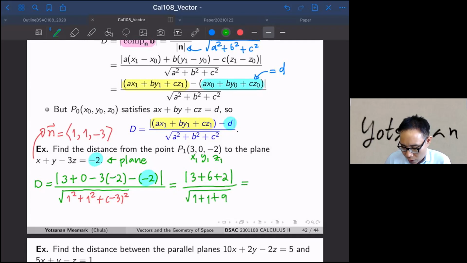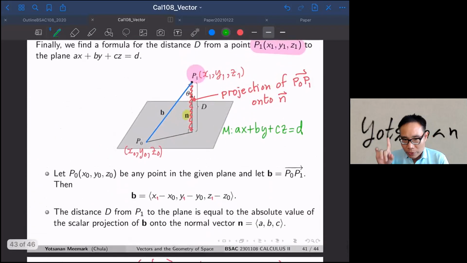So it's going to be 11 over root 11, and this one will be the square root of 11 for the final answer. So the distance from P1 (3, 0, -2) to the given plane is the square root of 11.